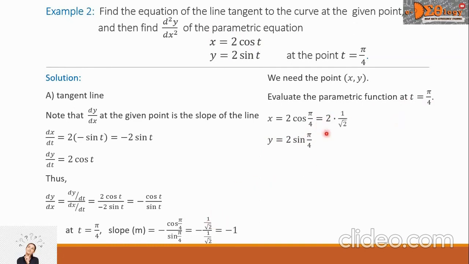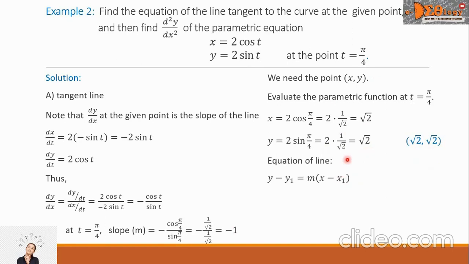So we write 2 times 1 over square root of 2. We can simplify the product here into square root of 2. For the y, this is equal to 2 times 1 over square root of 2, and this is equal to the square root of 2. So the point that we need is the square root of 2, comma, square root of 2.